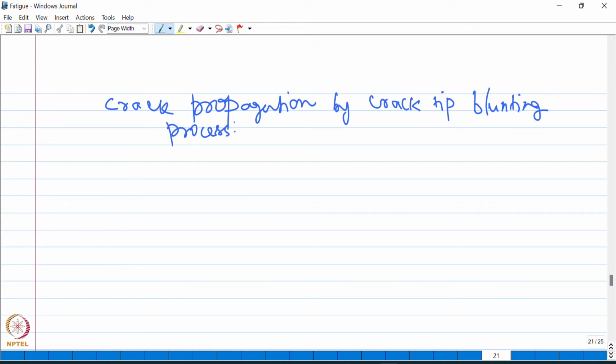And this can be shown by the following diagrams. So at the start of the loading cycle, the crack tip is sharp, as you could see from the first diagram over here.